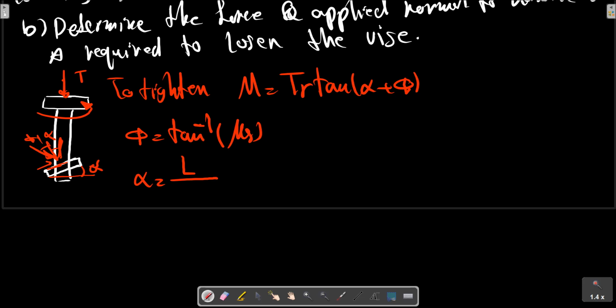L is the property of the screw, the development per revolution.